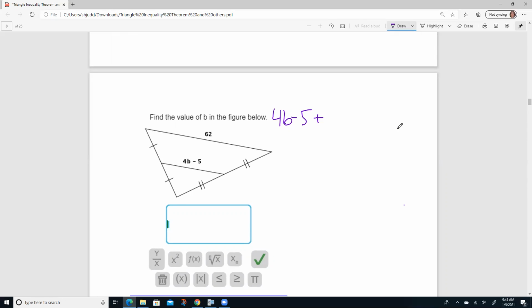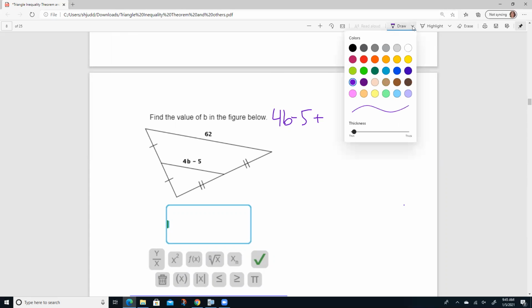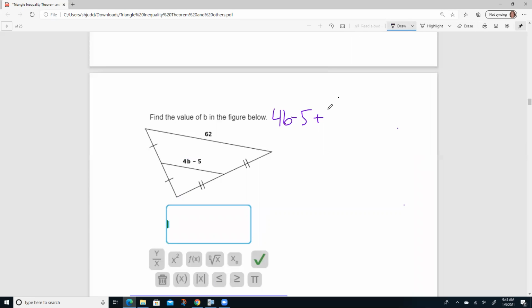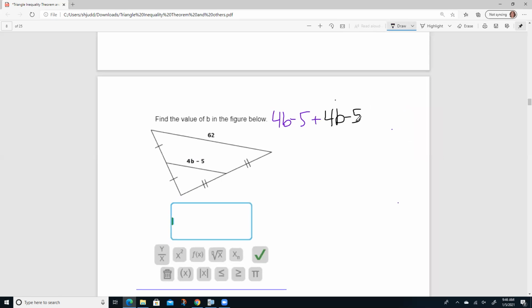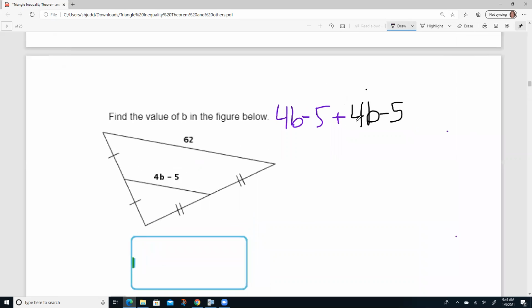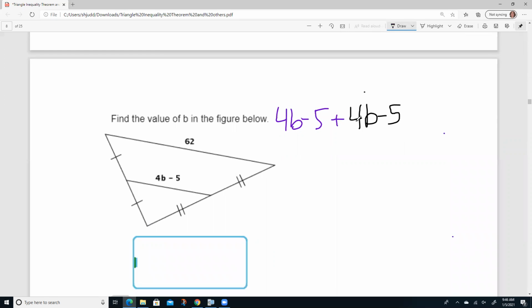That's odd. Okay. It's not letting me write with my stylus. Odd.